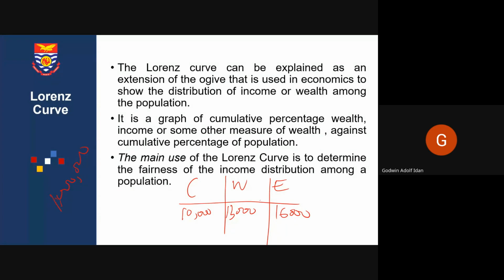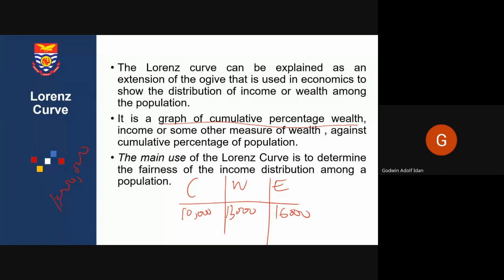Now, for us to know whether the distribution, however we do it, is even, we can rely on the Lorenz curve. And that is how we apply the ogive. Remember, the ogive looks at the cumulative frequency, plotted against the midpoint. There is a little twist here, because for the Lorenz curve, we are now going to graph the cumulative percentage of the wealth.